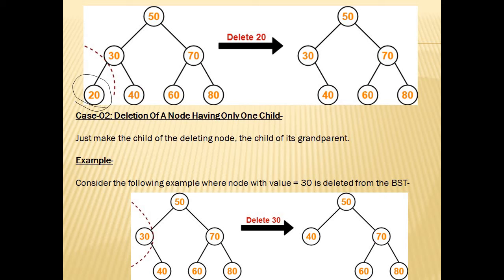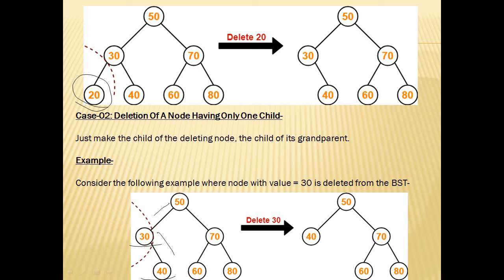Assume here I want to delete the node 30. It has one child called 40. So for 40, the parent is 30 and the grandparent is 50.